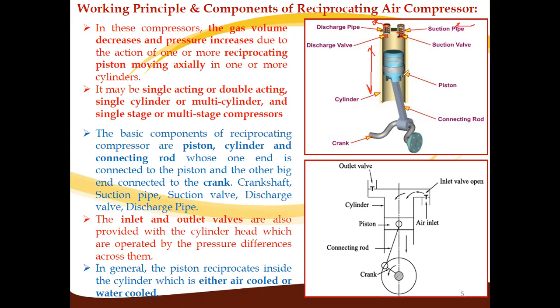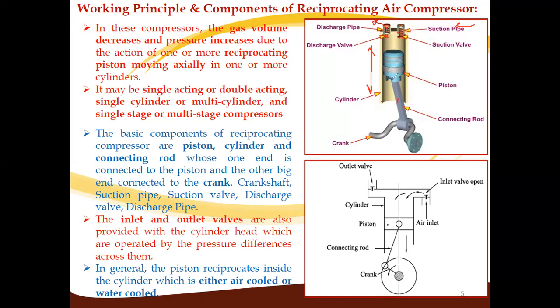Then this piston will reciprocate inside this cylinder. Reciprocating motion means either upward and downward motion, or if it is a horizontal cylinder, forward and backward motion, also called to and fro motion of the piston. Then this is the connecting rod which connects the piston.